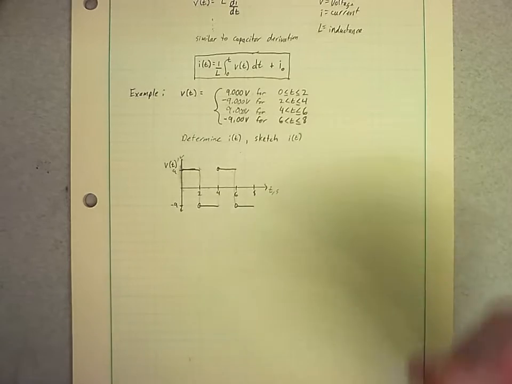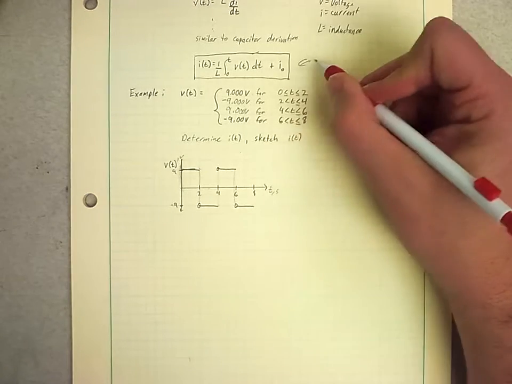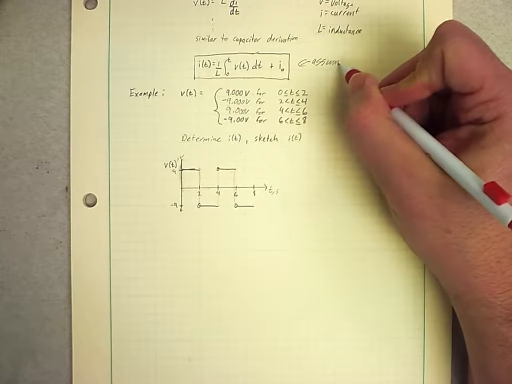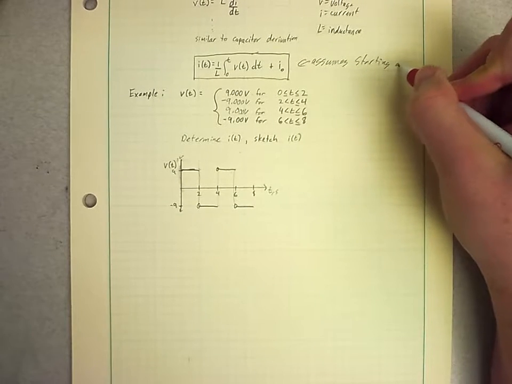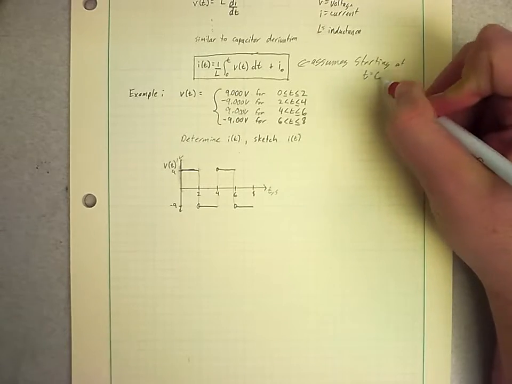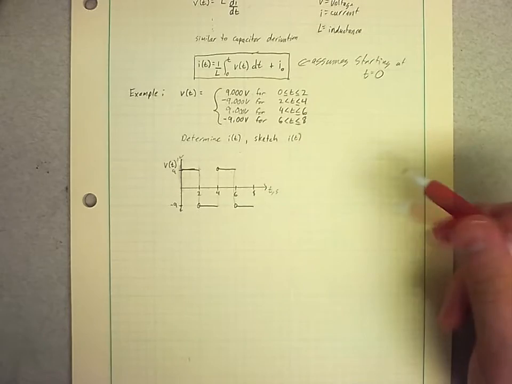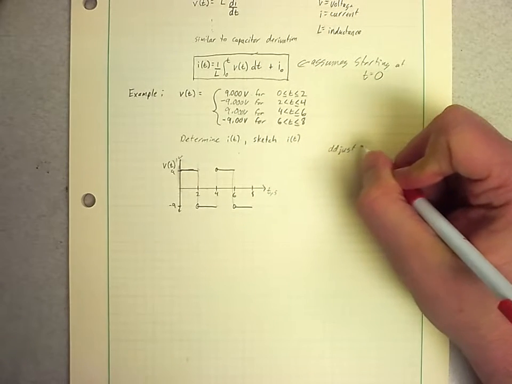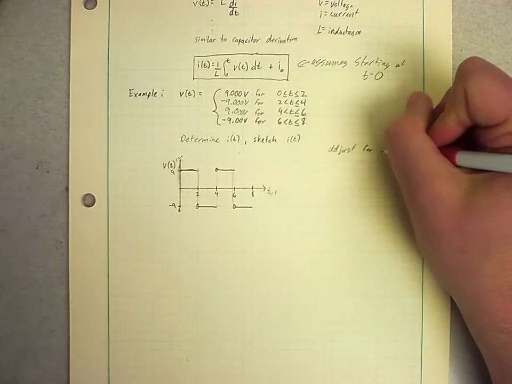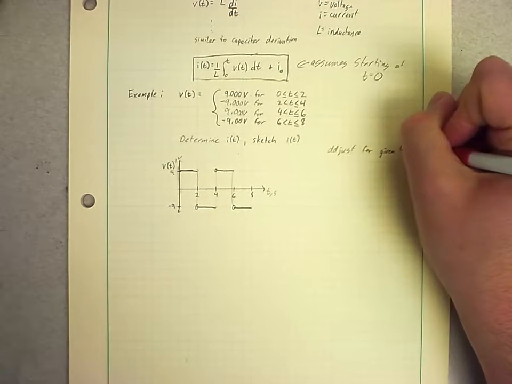All right, and so then the other thing we need to think about is, again, this assumes starting at t equals 0. And that's fine, because that's usually the case. But we need to adjust for a given time.